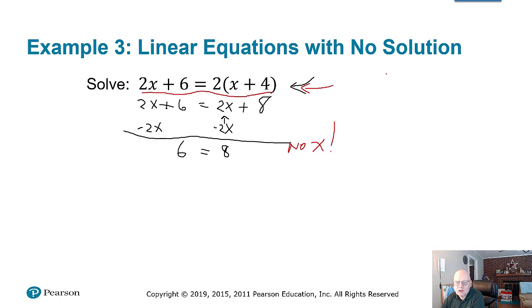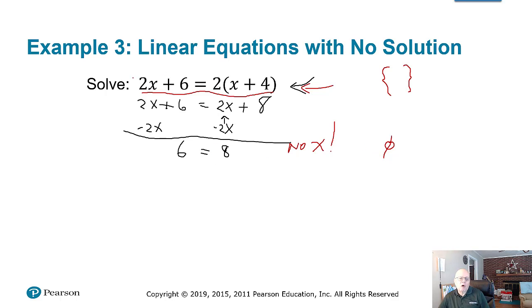So what's the solution set? Remember, the solution set looks like this. If there aren't any x's, there's your solution set. If you want to, you can write the solution set like this. Remember, it represents the same thing.